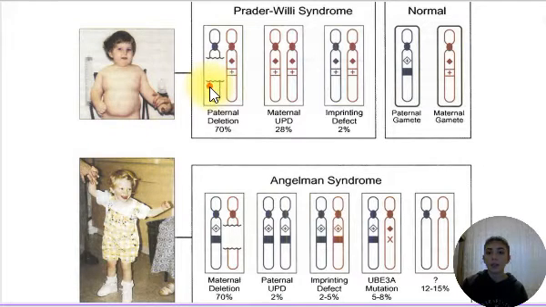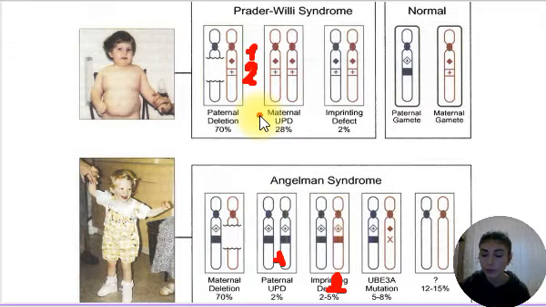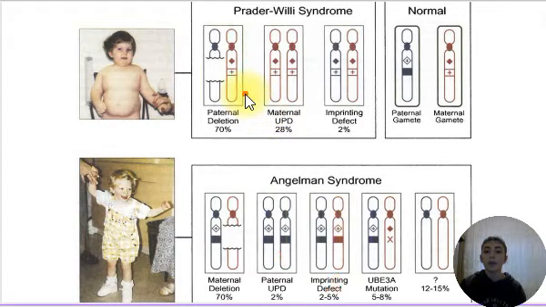Here we will discuss imprinting more. For example, when you delete part of your gene from your paternal chromosome, you receive only gene number 2 products because gene number 1 is inactive in the maternal chromosome, right?